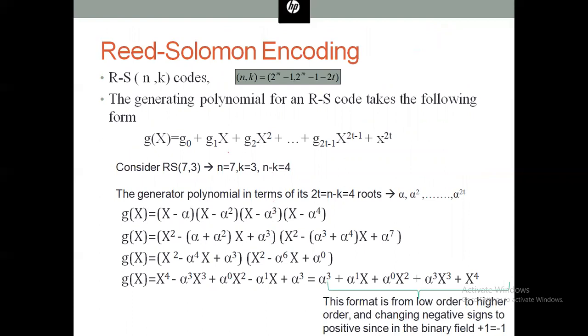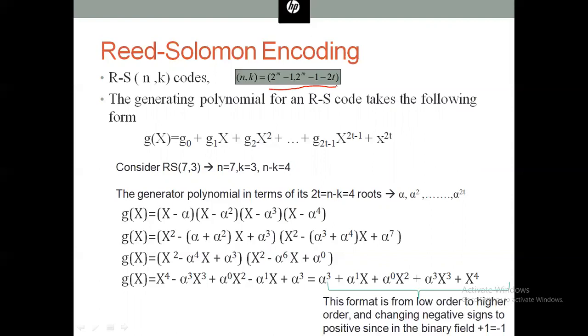So now we learn the RS encoding. For RS codes, we learn that they have the property n minus k is equal to 2t, and the value of n is equal to 2^m minus 1.